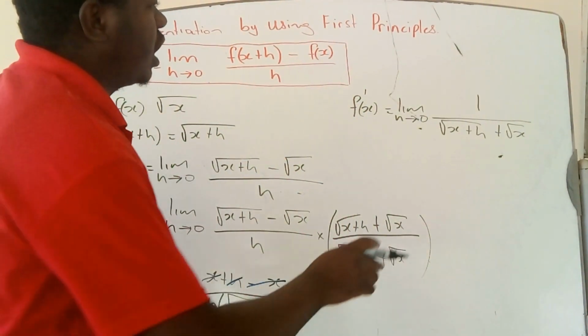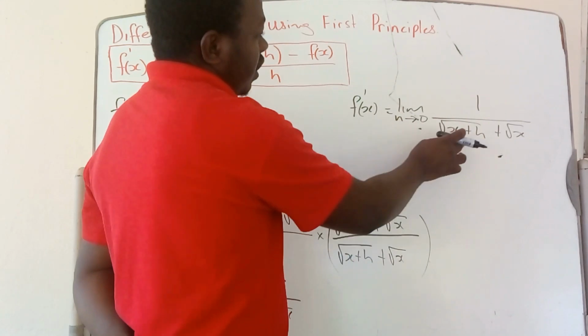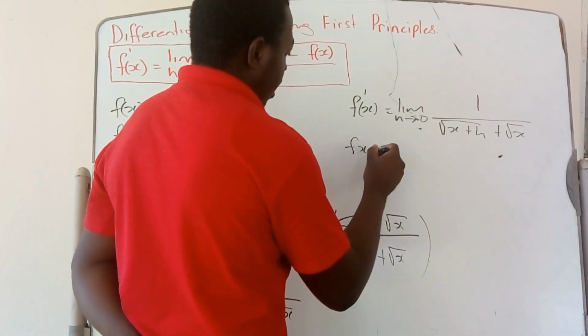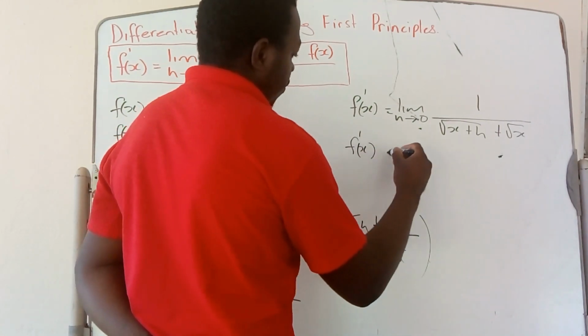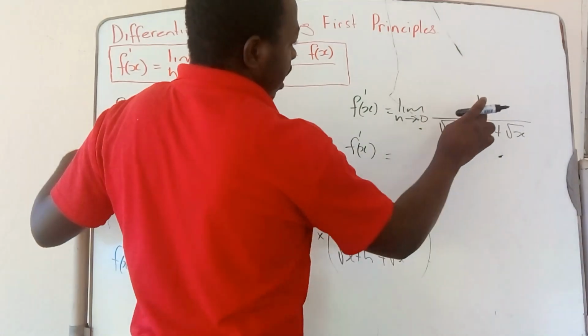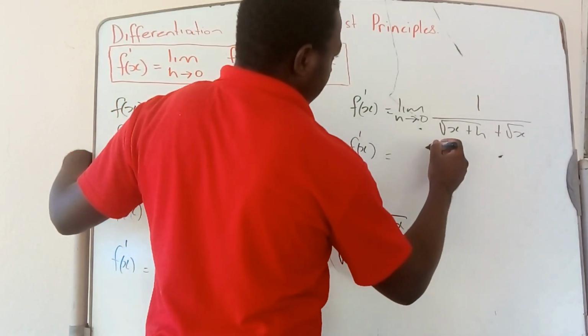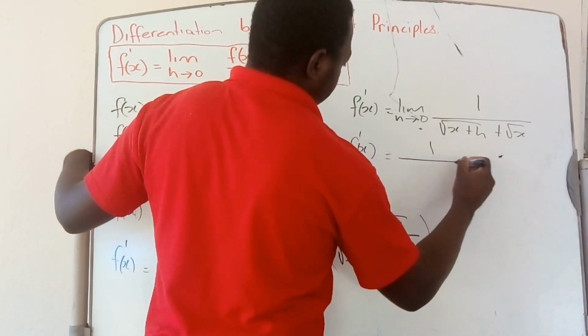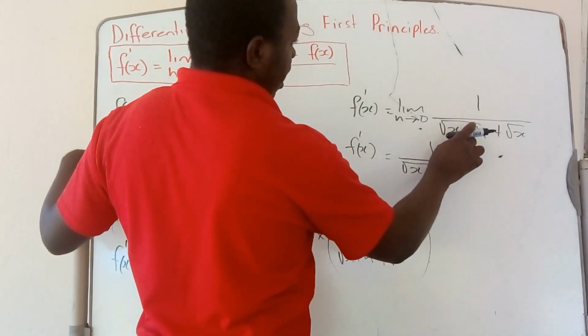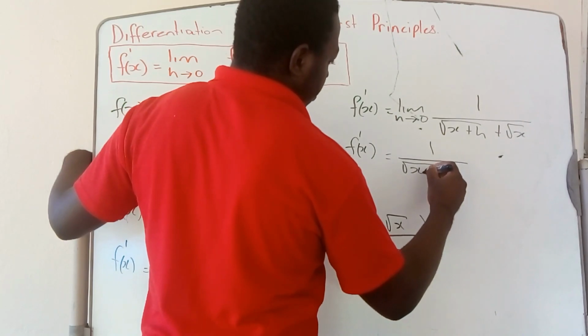So now we can substitute the value of h into this function. So f prime of x is equal to, we sub the value in, all we are going to be left with is 1 over the root of x. Instead of writing h, we are going to put the value of h, which is 0.